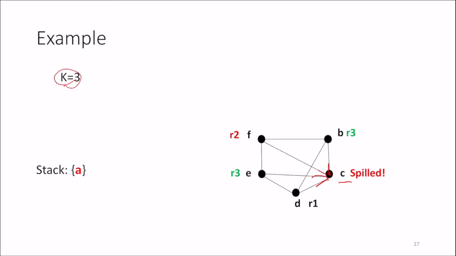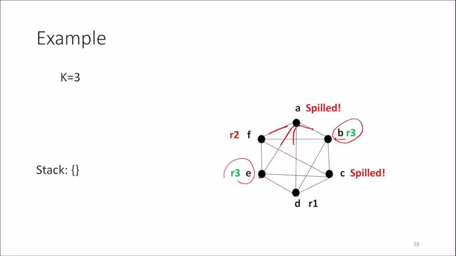So what we do then is we spill C to memory, and then we go to the last one, which is A, which again cannot be colored because it has 4 edges, and each of the nodes it has an edge with has to have a different color.